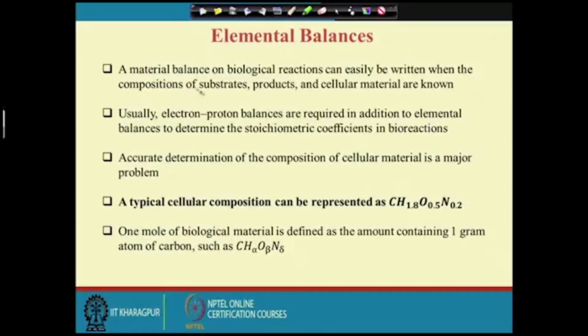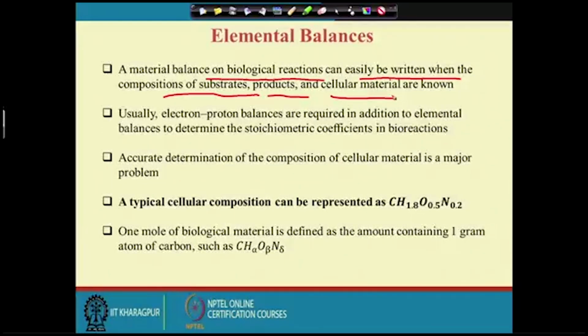If you look at the material balance of the biological reaction, it can be easily written if the composition of substrate, product and cellular mass are known. In the biosystem, you put in your substrate and then you get the product.